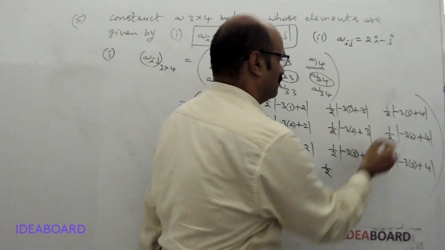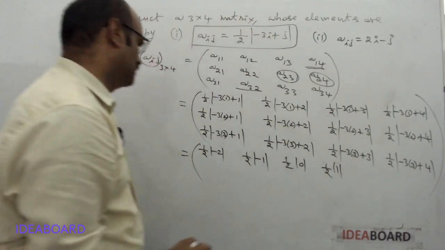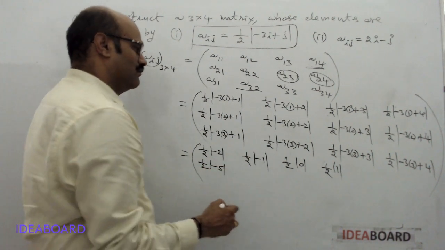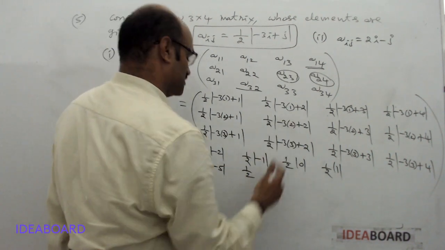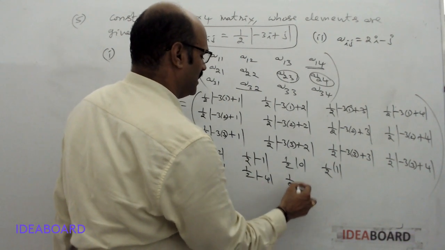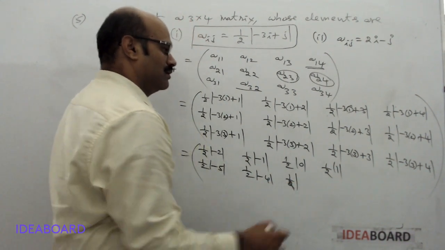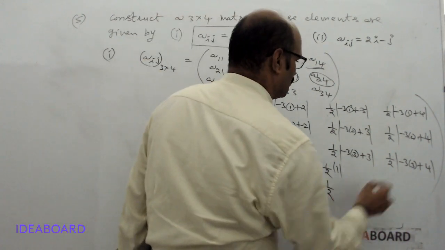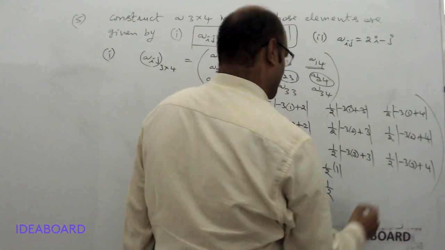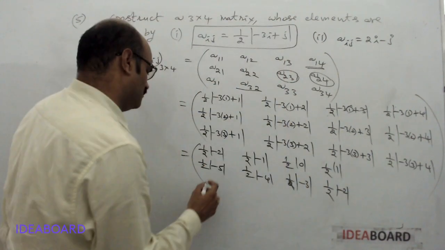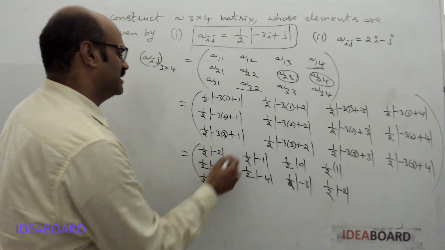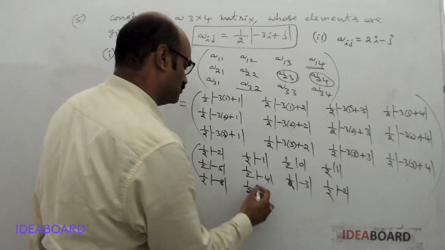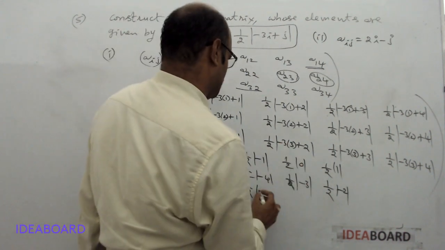Next 1 by 2 into 1. 1 by 2 into minus 6 plus 1, minus 5. 1 by 2 into minus 6 plus 2, minus 4. 1 by 2 into minus 6 plus 3, minus 3. 1 by 2 into minus 6 plus 4, minus 2. 1 by 2 into minus 9 plus 1, minus 8. 1 by 2 into minus 9 plus 2, minus 7.